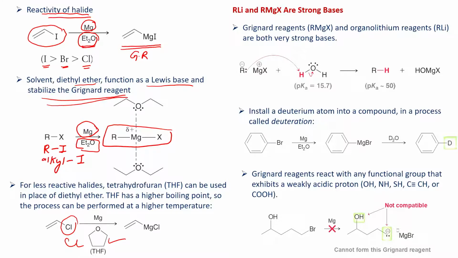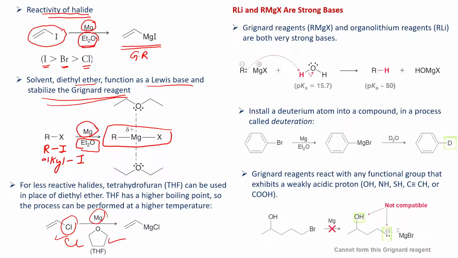The reason is chlorine reactivity is very less. When you treat this organochlorine compound with magnesium, you need to heat the reaction system. And this is the reason we use THF as a solvent, because diethyl ether boiling point is very low, so you cannot use diethyl ether when your starting material is organochloride.